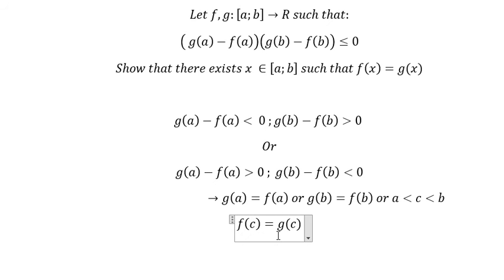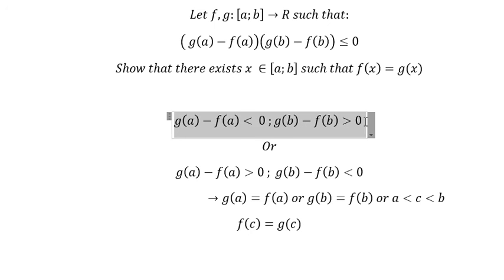Because if they have the same value there, between a and b, the product will equal 0 in this expression. So I will choose one scenario here.